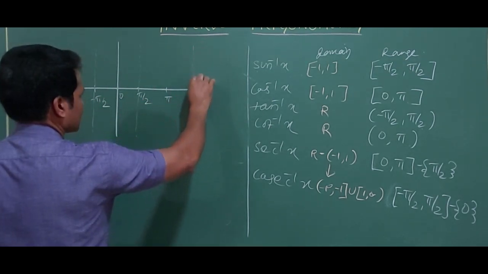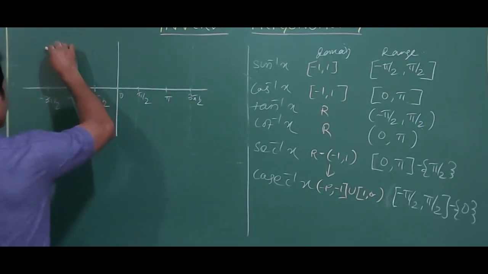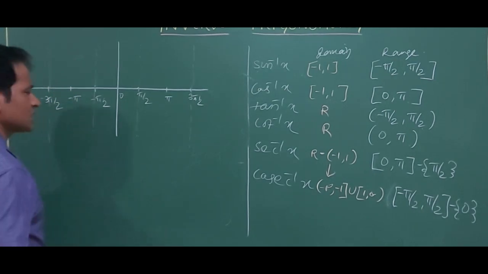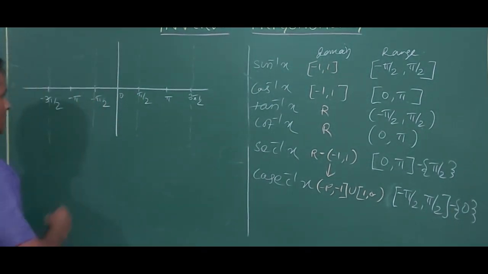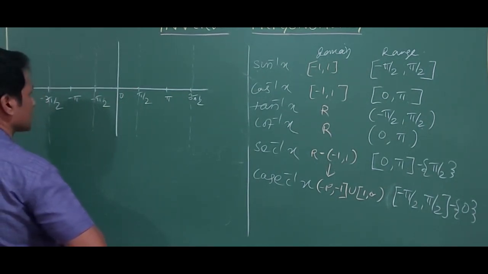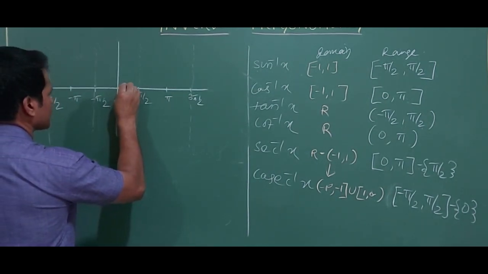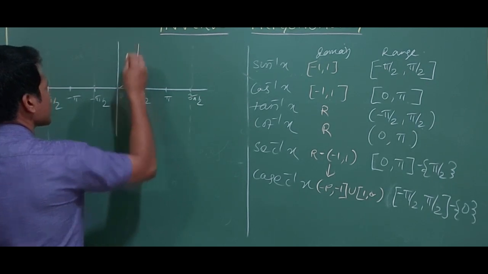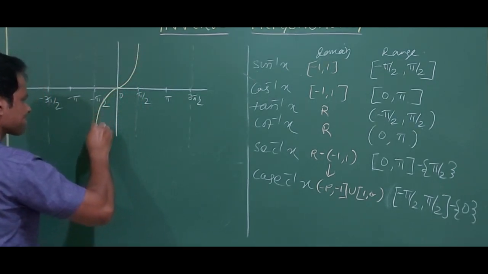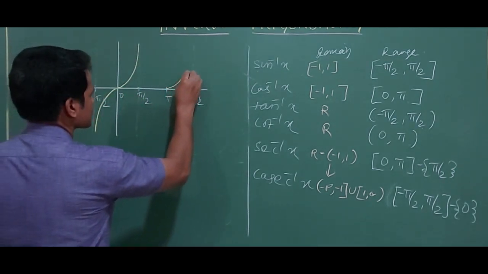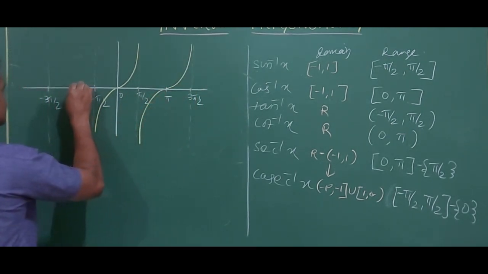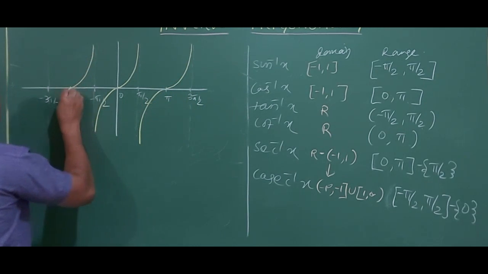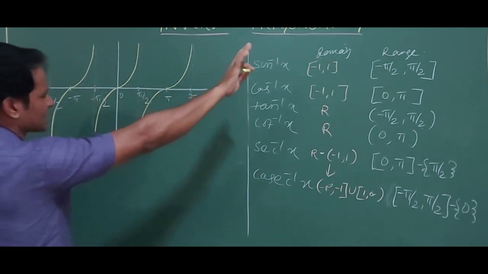So these are known as asymptotes, where the curves become parallel. So the tan x graph looks like this. It continues on that side also, and this side also.